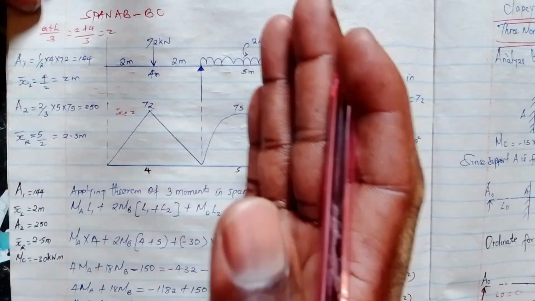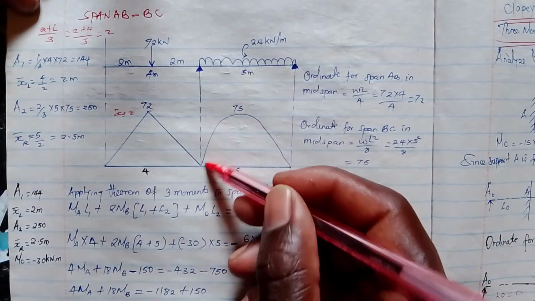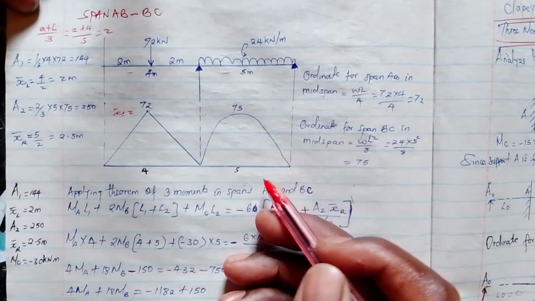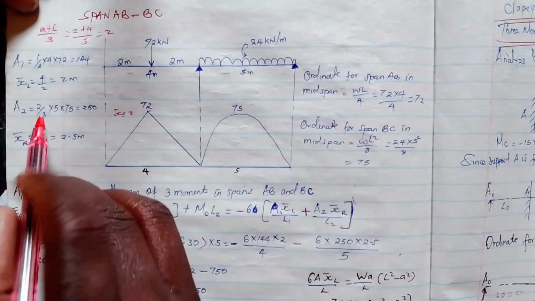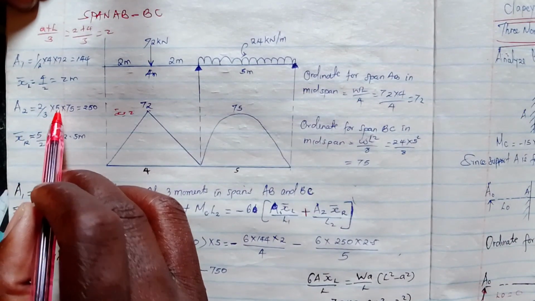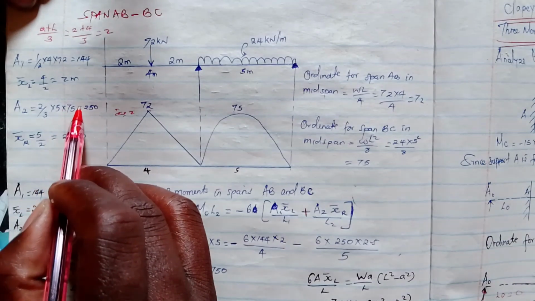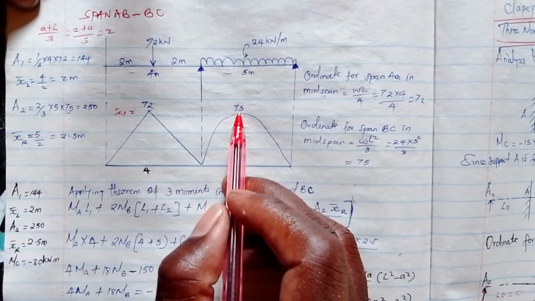So then let's come to this. Let's calculate the area of this part. At the radial, it will be something like a semicircle, and the formula for this semicircle is 2 over 3 times 5 times 75. 75 is the height. How did we calculate this one?